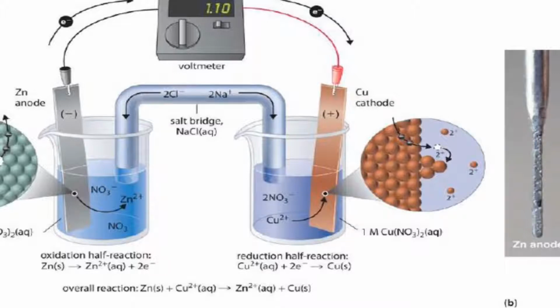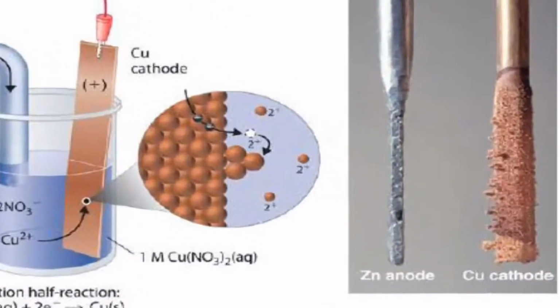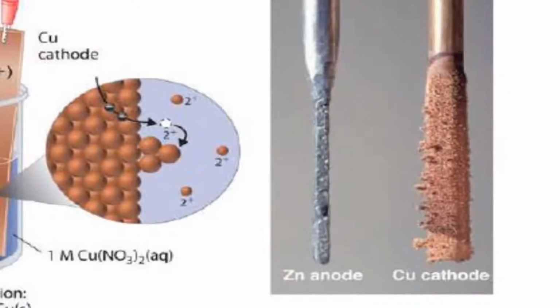So when we talked about mass increasing or decreasing, if there's a metal involved, if we go over to this side photo, you can see that as the reaction would take place, the zinc anode, because the solid zinc is changing to a zinc 2 plus ion after it loses the 2 electrons, the electrode actually gets smaller.